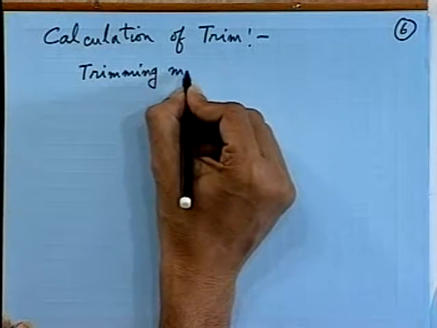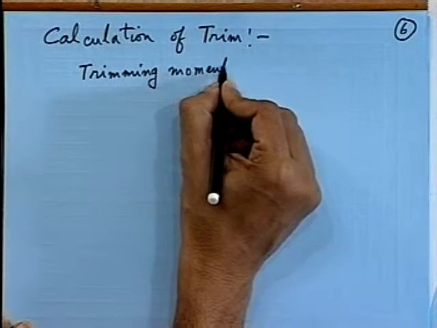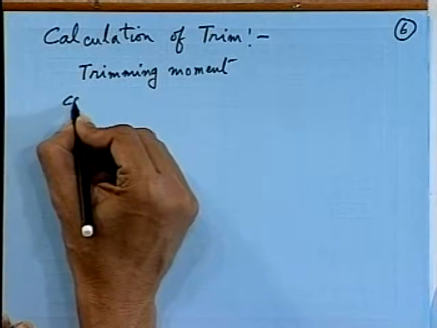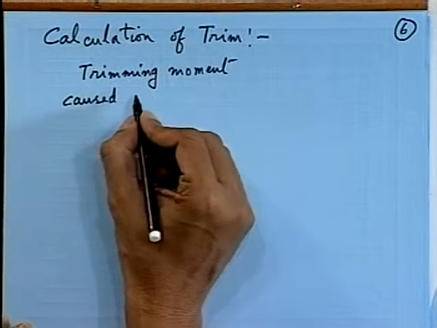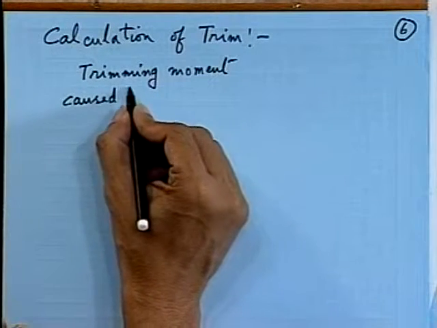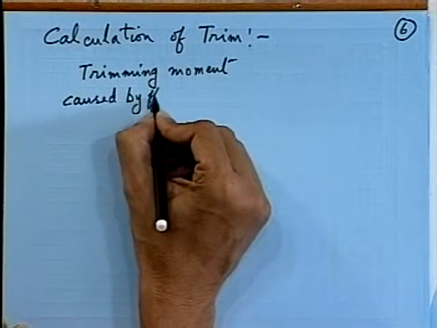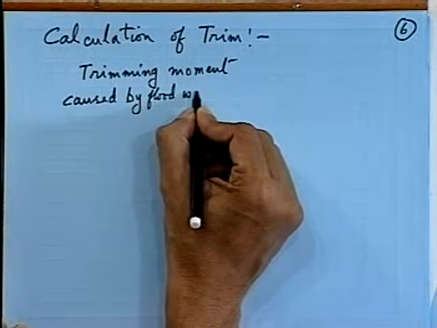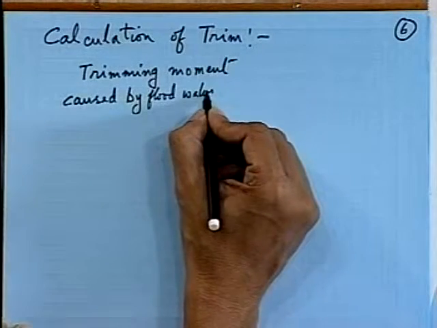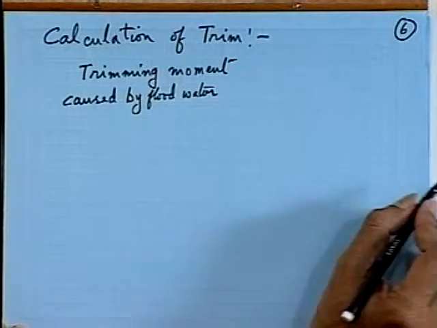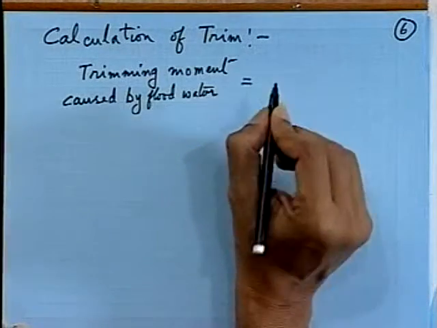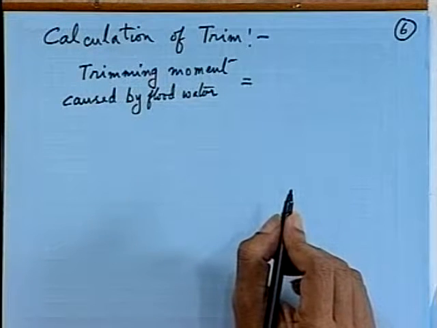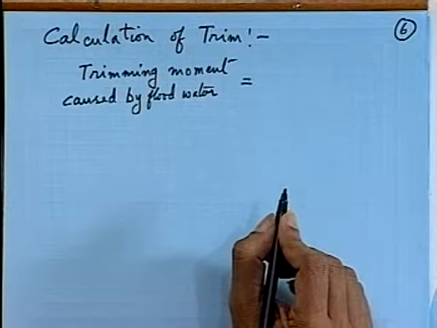This trimming moment is caused by flood water. That means the buoyancy at that particular location has been absent or has been taken away. So that has created some kind of a trimming moment in the ship.